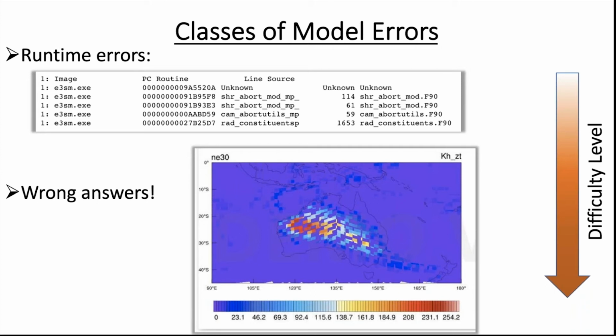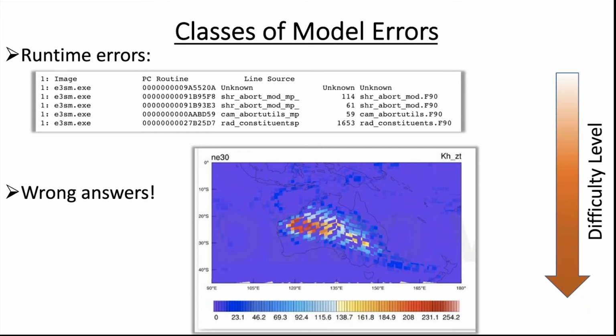And then there are memory issues when the code just blows up and either you do not get an error message, or the error message is very cryptic. And then there are node issues, and the model can run in various ways, so there are threading issues and things like that. So they can be harder to resolve, but still you know that something is wrong because your model crashed. The last kind of errors are wrong answers.